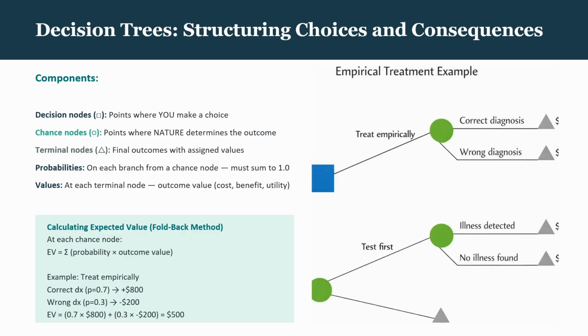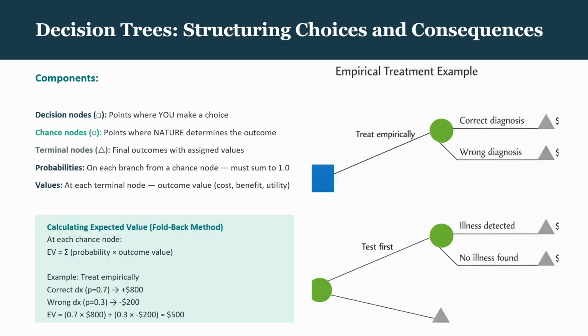Probabilities on branches from chance nodes must sum to 1 because something will happen, and together the branches cover all possibilities. Terminal node values can be expressed in any units that capture what matters: monetary values, revenue, cost, profit; utilities, patient well-being, quality of life, or whatever metric is appropriate for the decision.